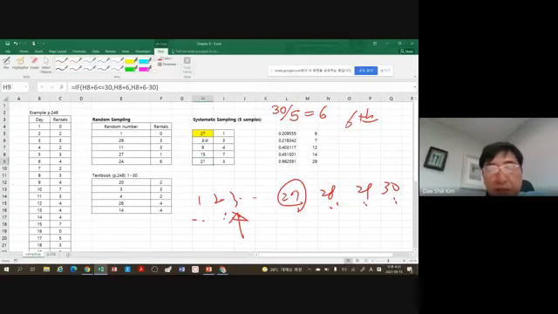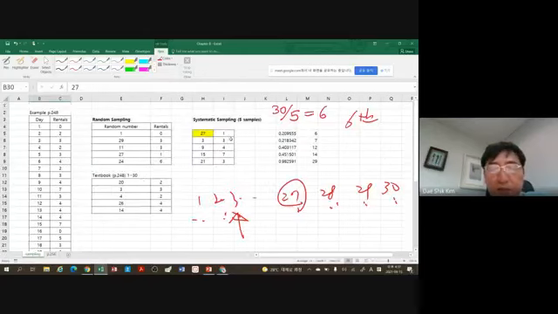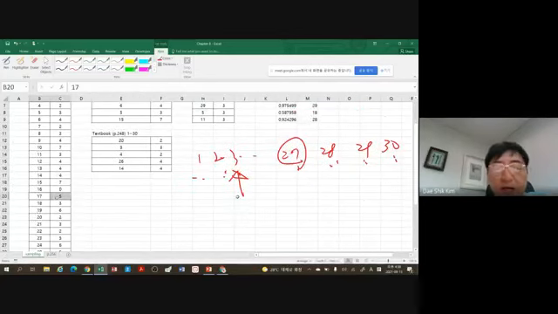Plus 6 is 27, which is repeated, and the number of renters for 27 is 1. If I change this one and enter again, then 27 changes to 17. 17 is 5.